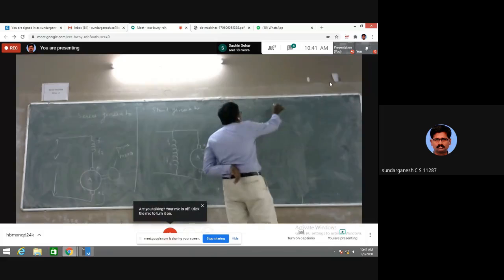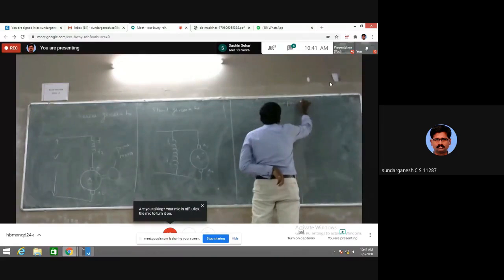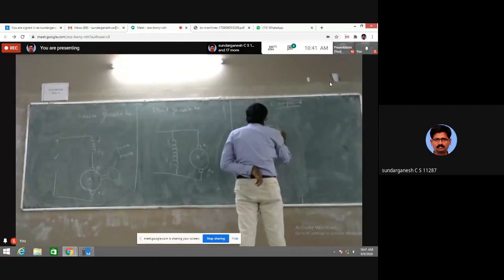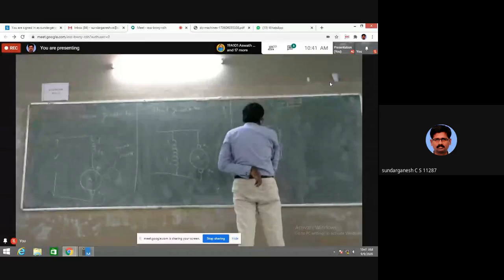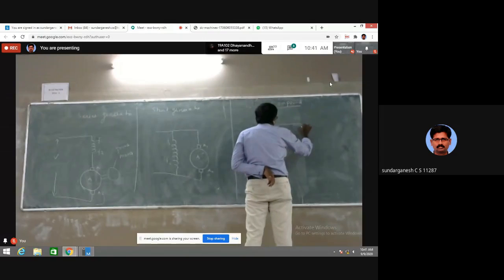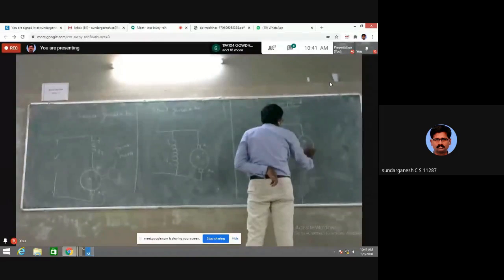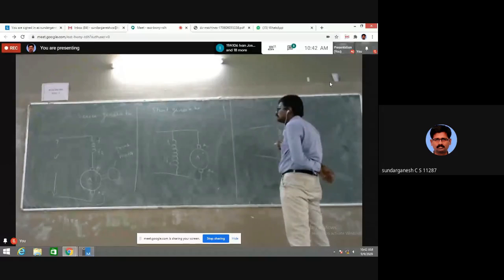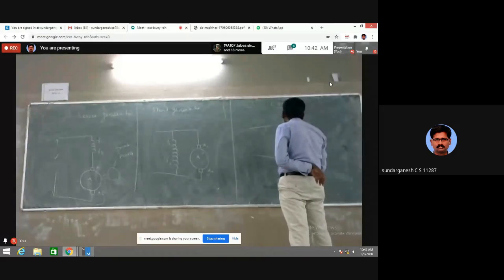So next one is compound generator. Compound generator has two coils. I am giving notation like this, S1, S2, S3, S4.